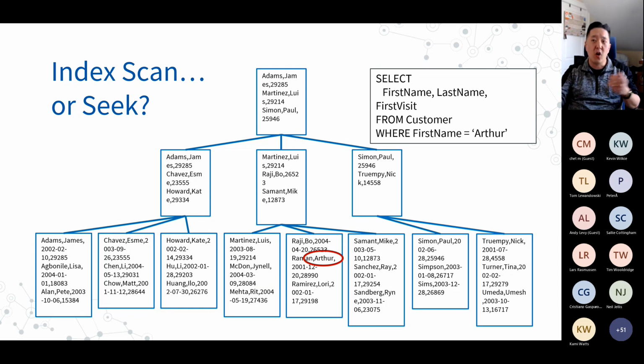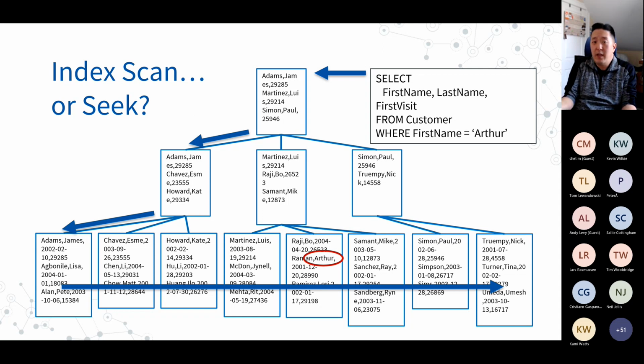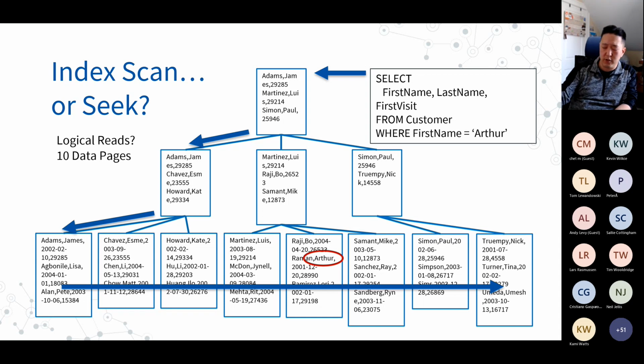There could be many Arthur entries in this particular non-clustered index. So what we must do, unfortunately, is still scan the entire non-clustered index, a full index scan operation here, because we have no idea if there's going to be one Arthur or many Arthurs in this particular non-clustered index. So once again, logical reads: 10 data pages.